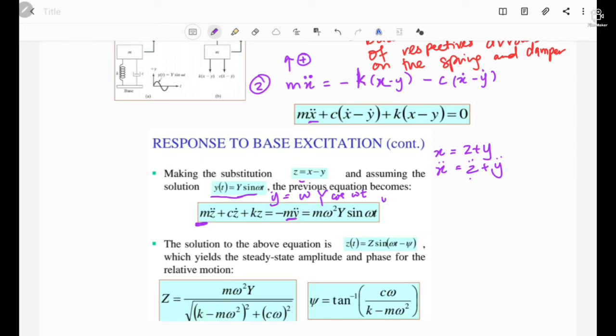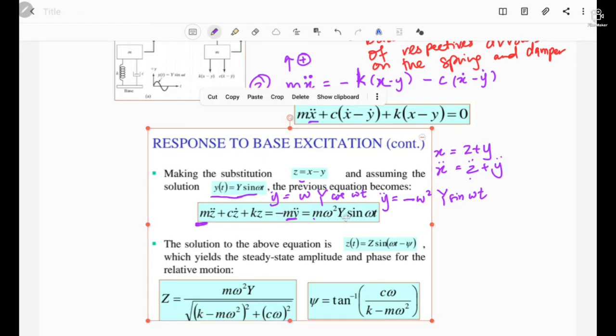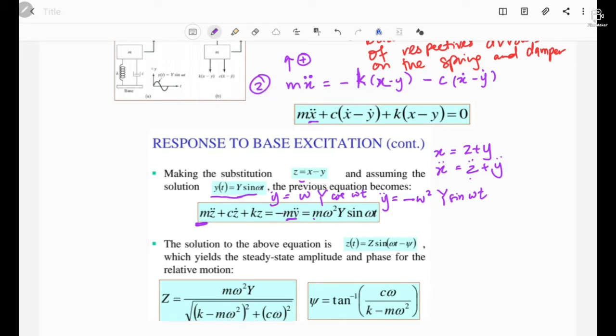That's why you differentiate again, you will get negative omega square capital Y sine omega t. So you just need to differentiate twice, and then you times with your m. So this negative times negative, so you will get positive. So that's how you get this equation.